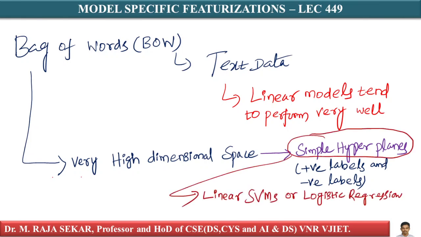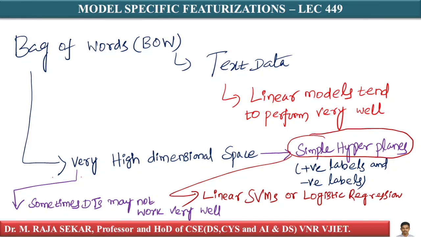The decision boundaries for logistic regression and linear SVMs are hyperplanes. So when you have a bag of words representation of text, which automatically creates a very high dimensional space, hyperplanes tend to work. Sometimes decision trees may not work very well. There are cases where random forest and decision trees work fairly well even in high dimensional space. I am not saying they do not, they just take a lot of time to train.